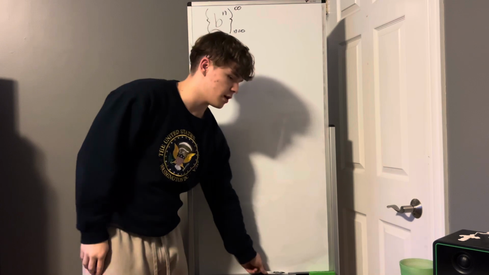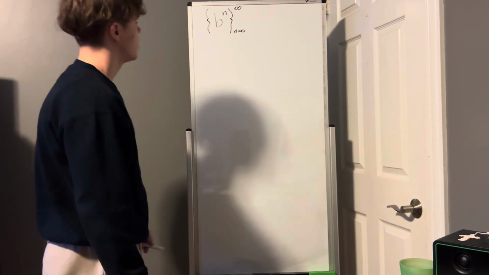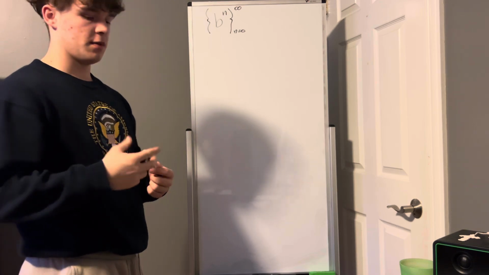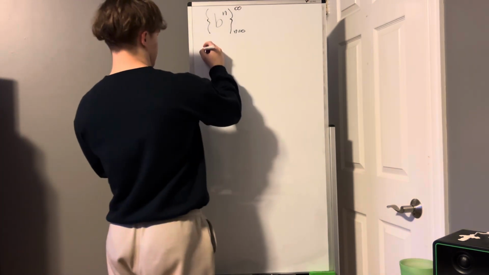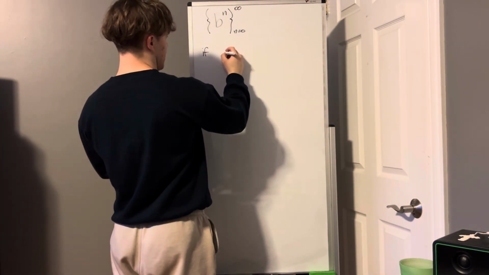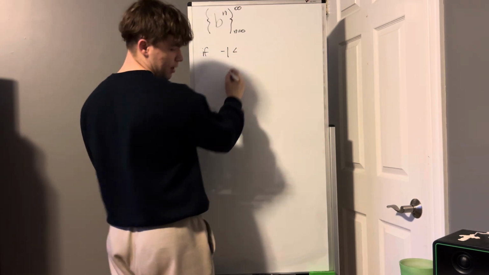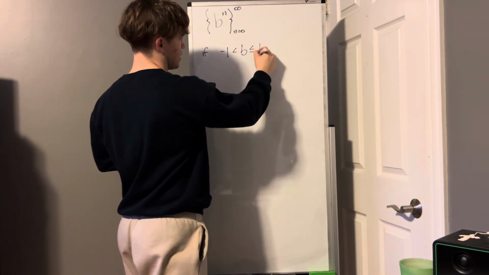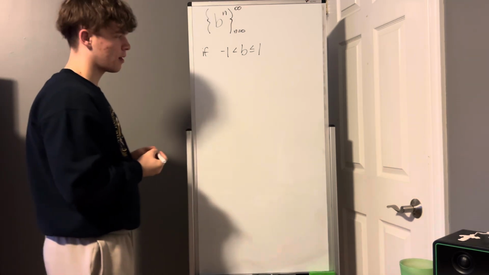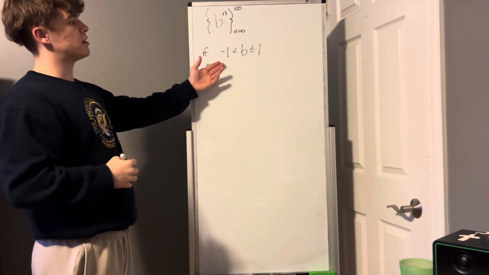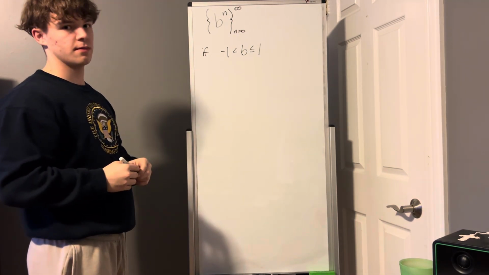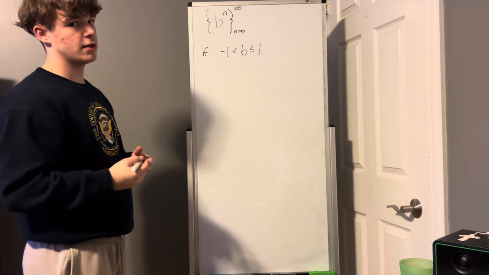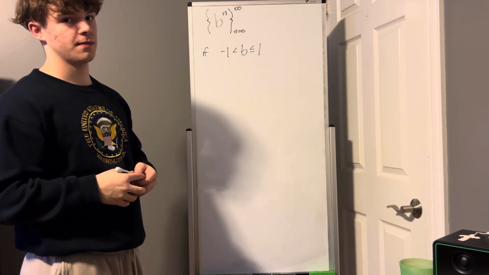For this sequence, we can say this: if b is greater than -1 and less than or equal to 1, this sequence will converge. But otherwise, it's going to diverge.